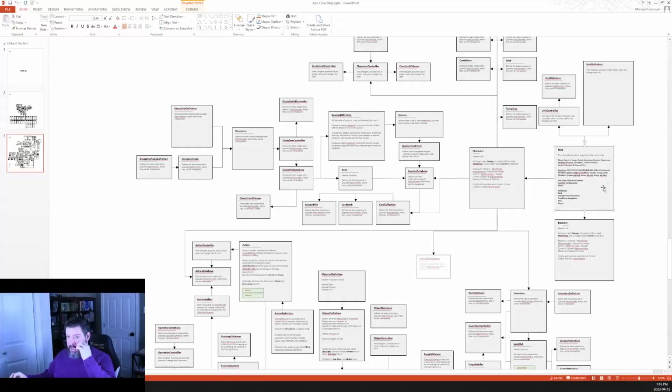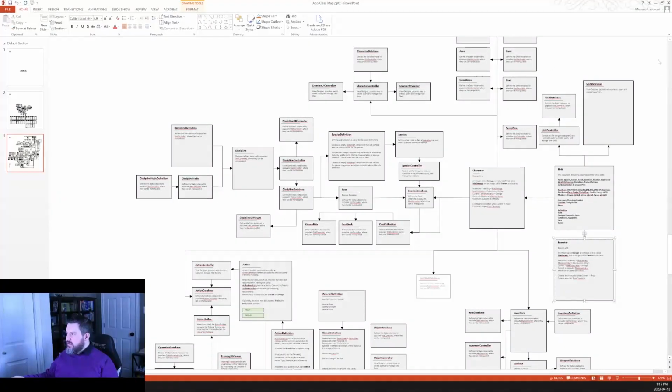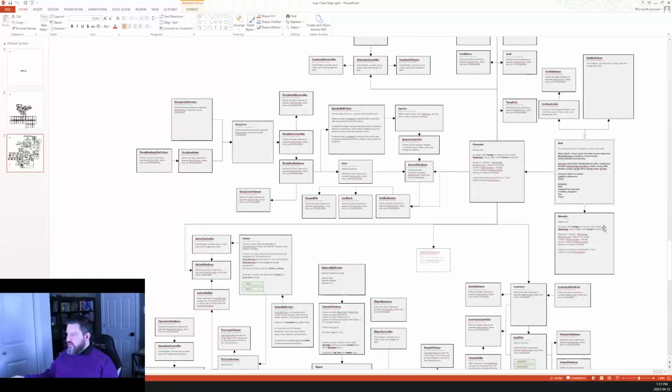So character is an extension of what a unit is. A monster is an extension of what a unit is. Monsters don't necessarily have all of the things that are underneath here. Characters do. And so we have definitions that clarify what a unit is, and then the unit is extended into monster or into a character.